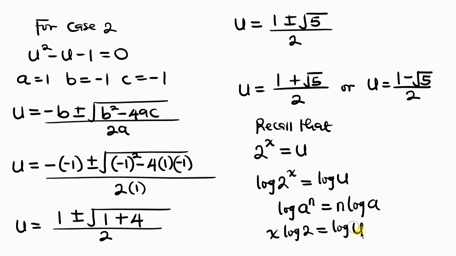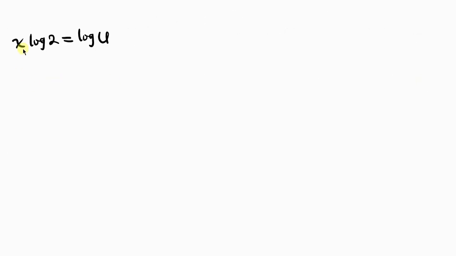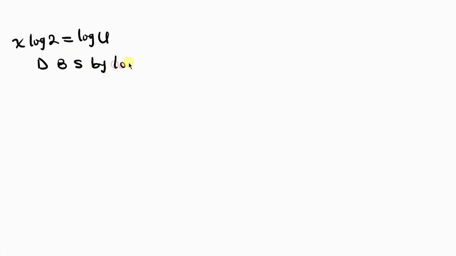And since we're looking for x, we're going to be dividing both sides by log 2. DBS actually means divide both sides. So we have x log 2, I'm going to be dividing this left-hand side by log 2.